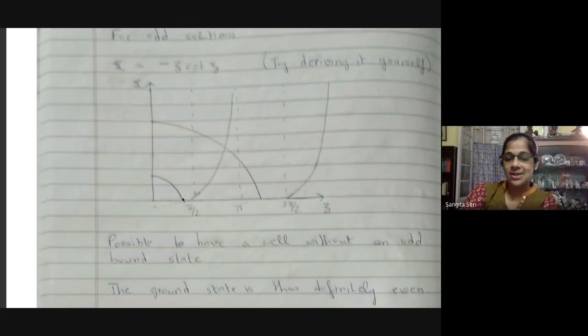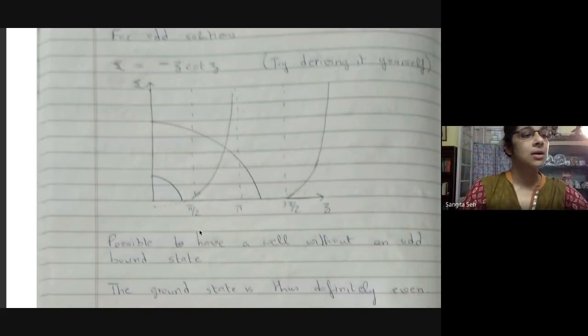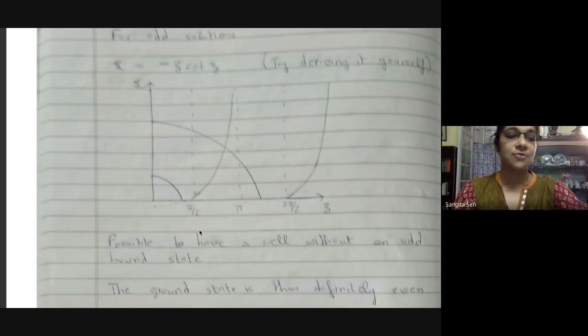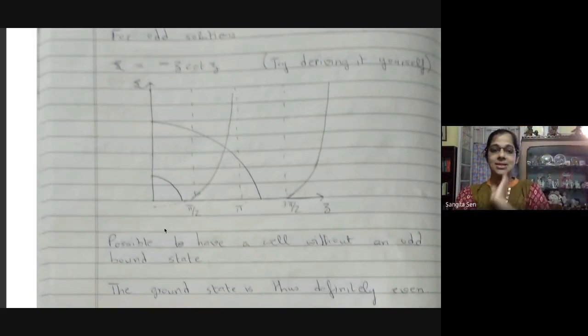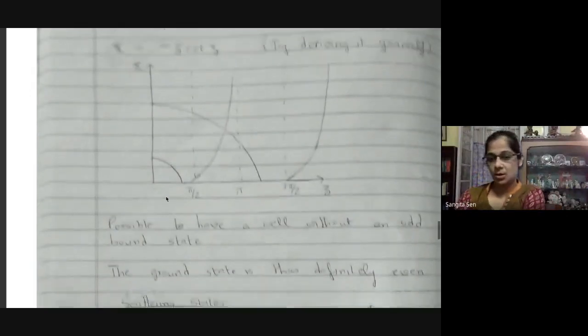But now for odd solutions, you see it is possible to have a small circle here which doesn't give me any bound solution. So this tells us that the even solution is the ground state. So it is the lowest. So you can always have an even solution, but you can have a potential well which does not give me an odd solution. Okay.